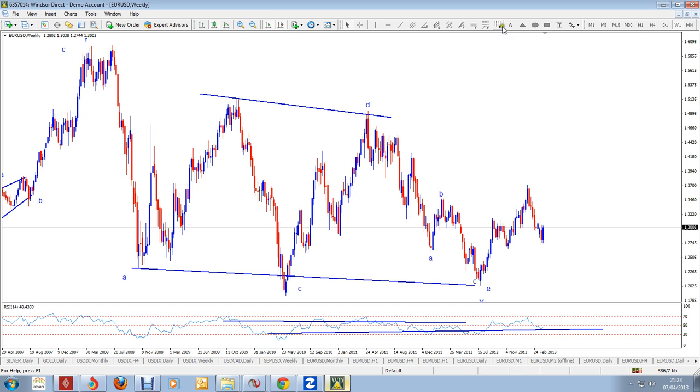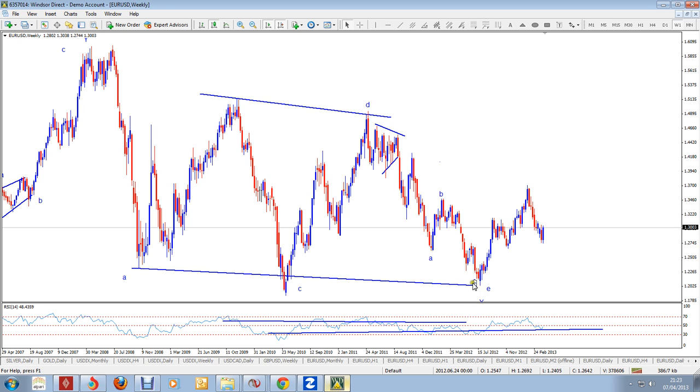And the way that is explained is that this here is a triangle. So we've got minor A, minor B and minor C to give us A, B and C to give us a larger wave A. A, B, C back to give us wave B, and then wave C, the 5 waves, 1, 2, 3, 4 and 5.